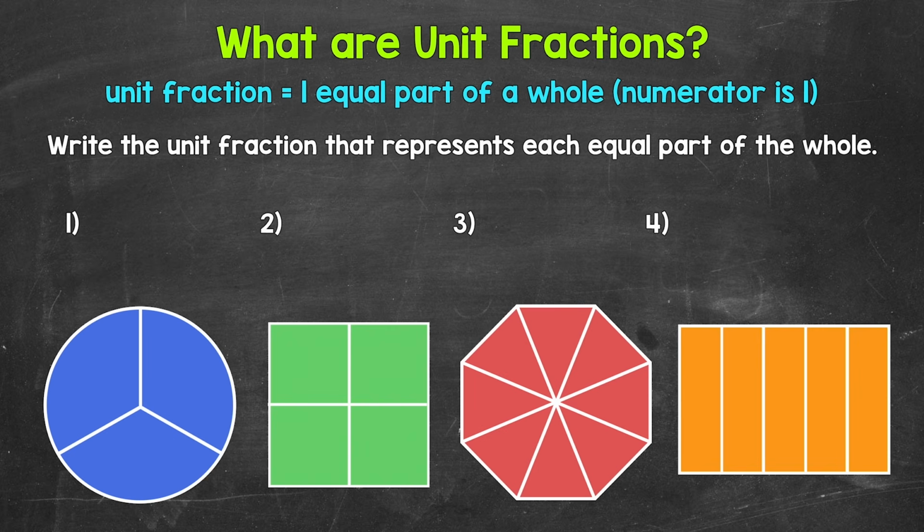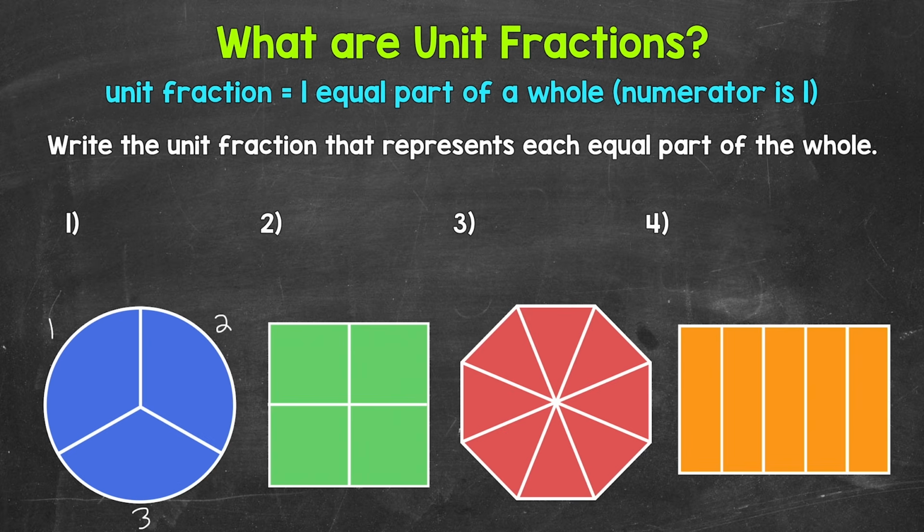So let's jump into our examples here, starting with number 1, where we need to write the unit fraction that represents each equal part of the whole. So the first thing that we need to do is figure out how many equal parts the whole circle has been divided into. Well, 1, 2, 3 equal parts.